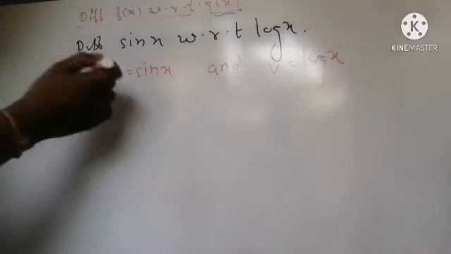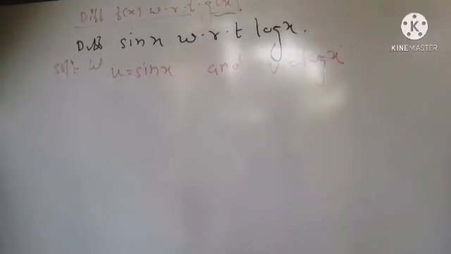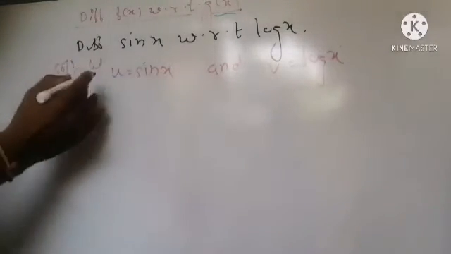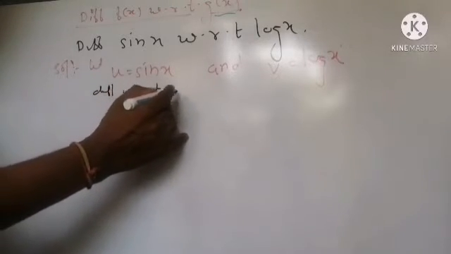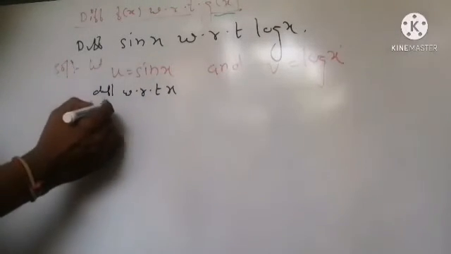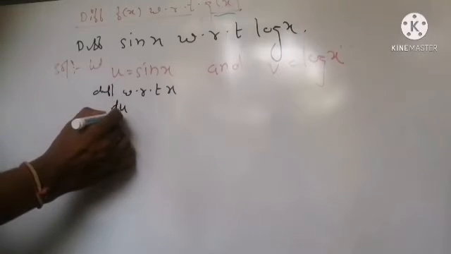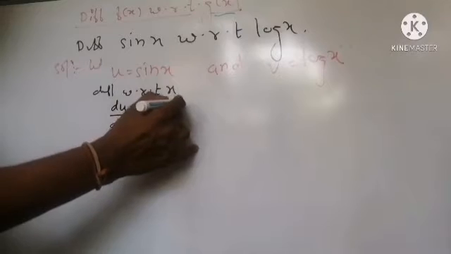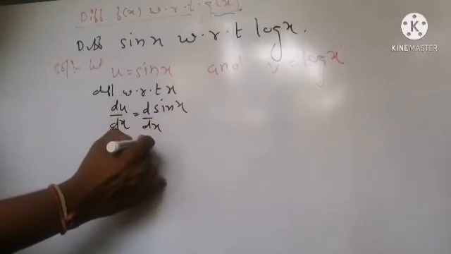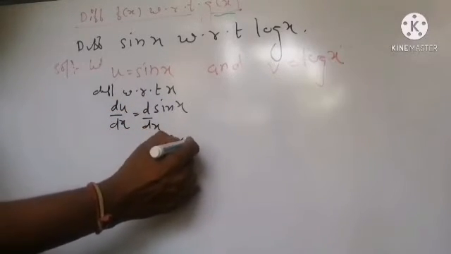But u is a function of x here in the first part, so we can differentiate this with respect to x by using the operator d by dx. On the left hand side I get du by dx, on the right hand side the derivative of sin x with respect to x, which is simply cos of x. I put this as number 1.